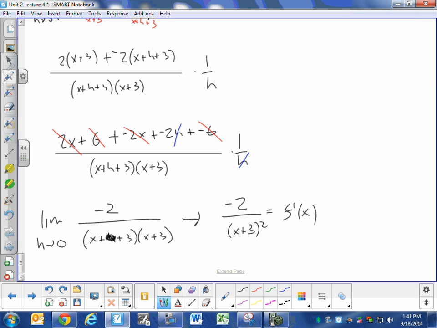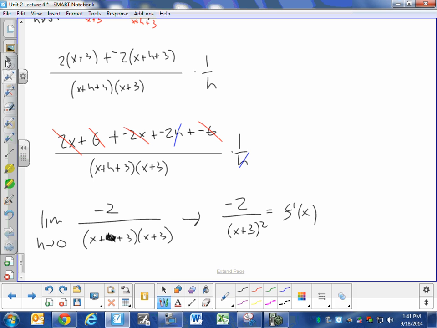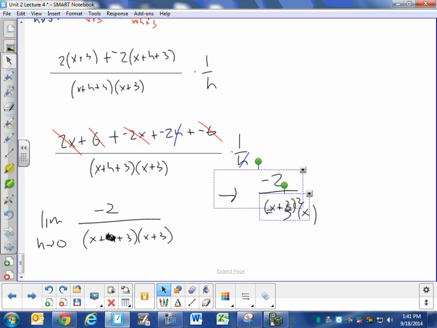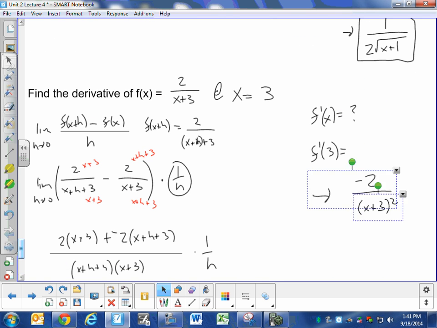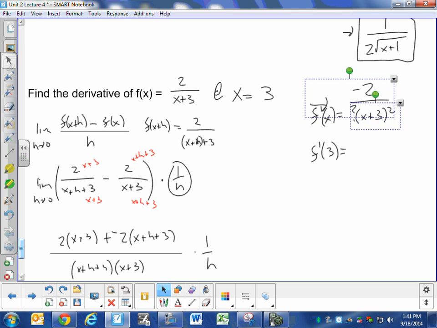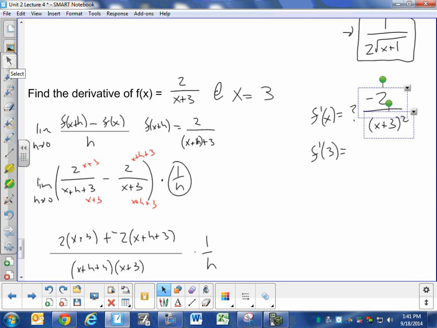This is my slope generator function. I can use that to find the slope of my tangent to my function when x equals 3. And we're talking about my original function.